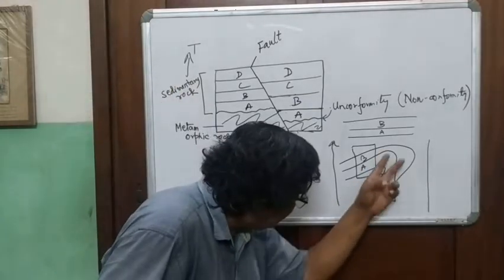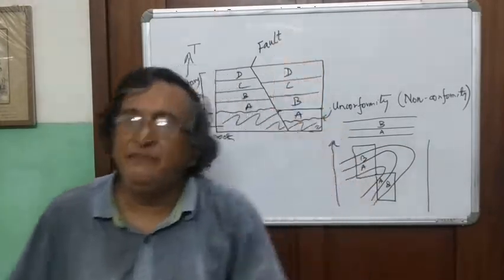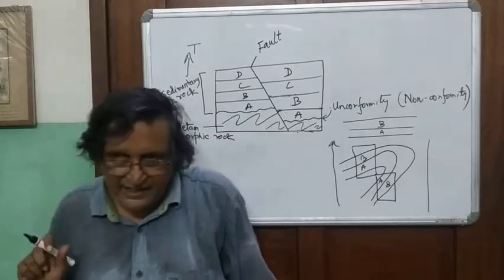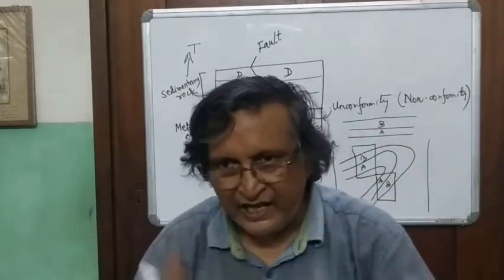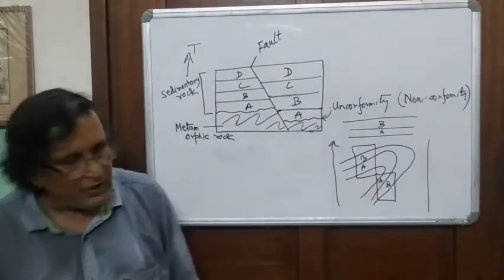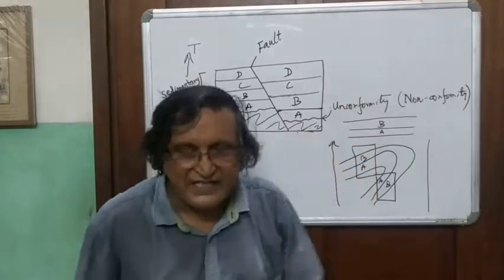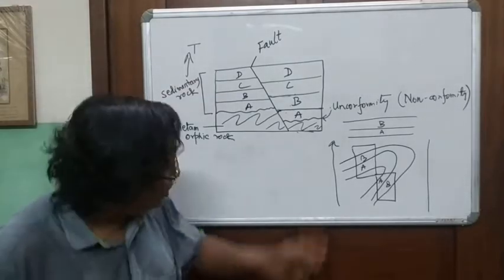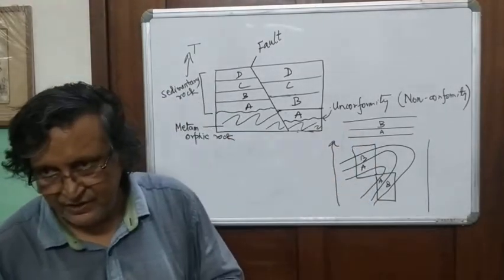But look at this limb. The older A is now above B, which is younger. Sedimentation wise, you can't do it. You can't deposit a younger layer below an older layer. Here, what has happened is the original sequence is inverted because of a geological process. So you can have normal sequences and inverted sequences.